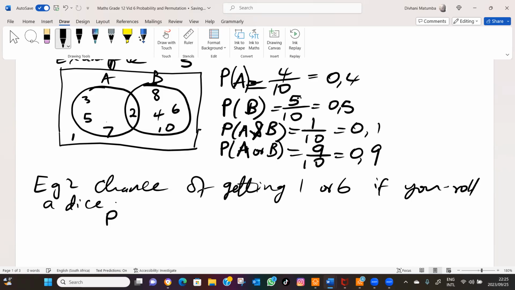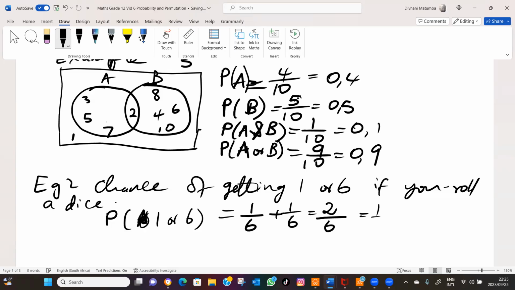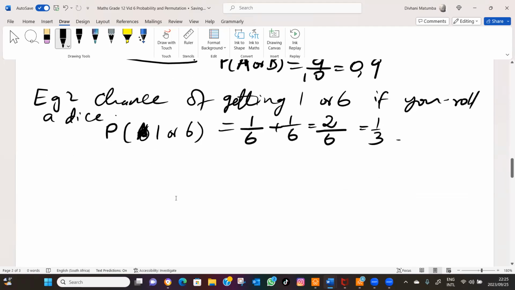So the probability of rolling 1 or 6, we're going to have to add the two probabilities. 2/6, which is 1/3. All right.